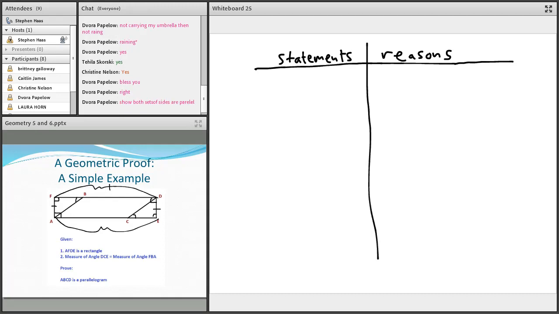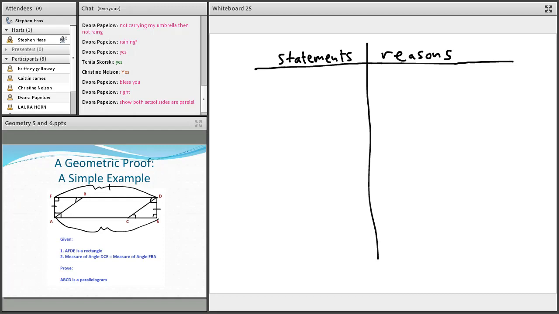Good. You can prove that opposite sides are parallel. That's good also. You can prove that opposite angles are equal. Both sets of opposite sides are equal. Both sets of opposite angles are equal. Both sets of opposite sides are parallel. You can also prove that diagonals bisect each other. There are a whole bunch of different ways you can prove a parallelogram. But let's first start by writing what we've established in terms of the statements and the reasons.